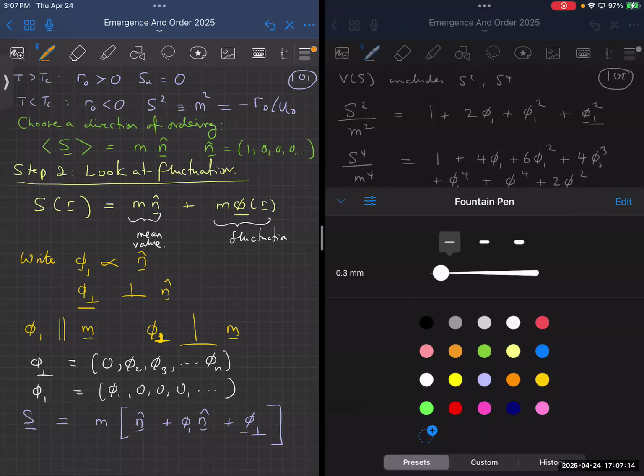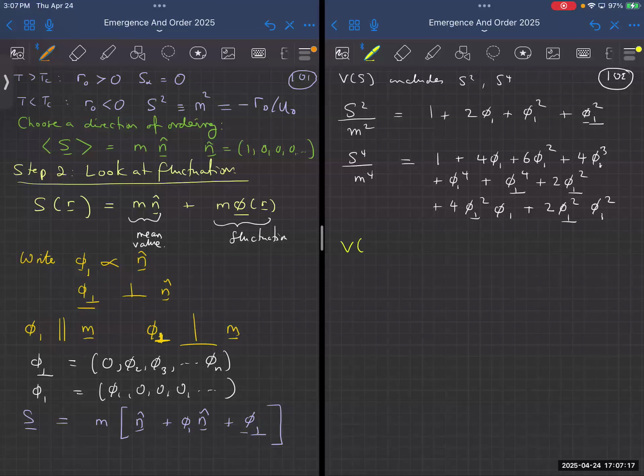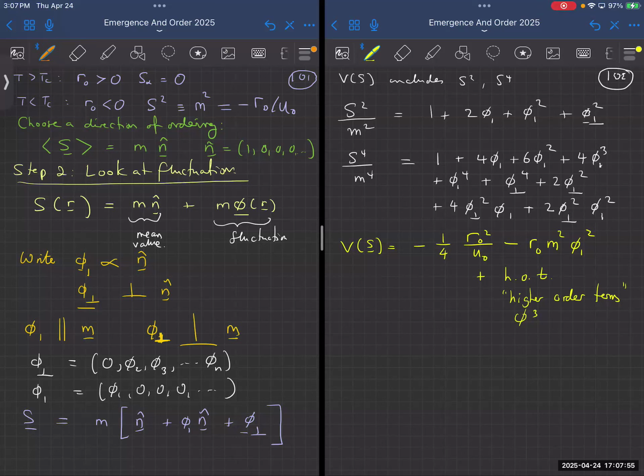Now let's put it all together. Let's compute what V of S is. I'm going to write down the answer, and I want you to check this. I claim that the answer is this: V of S is minus 1/4 r naught squared over u naught, minus r naught M squared phi 1 squared, plus higher order terms, which go like phi cubed and phi fourth and so on.